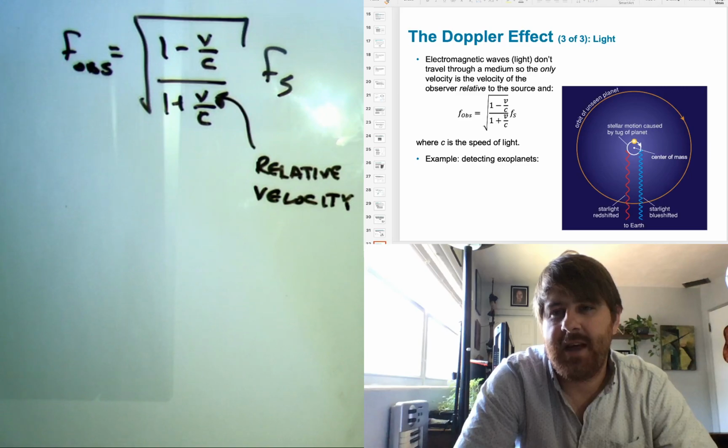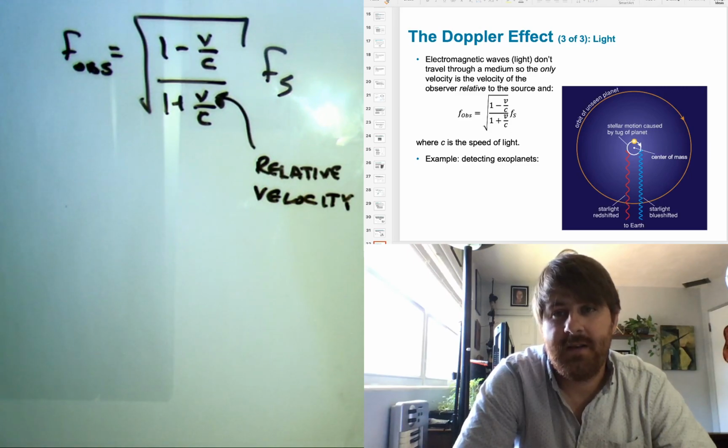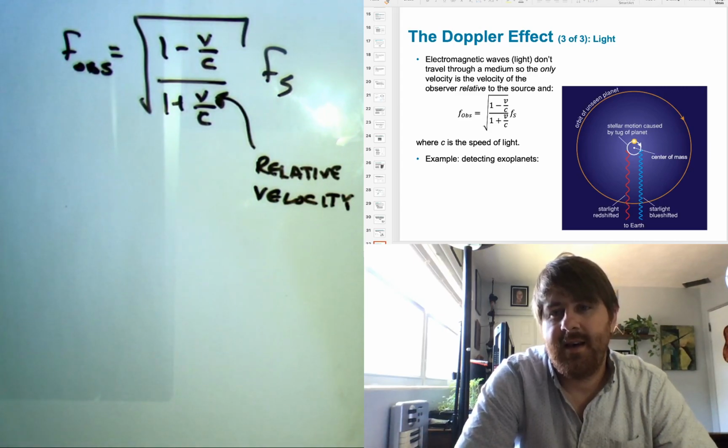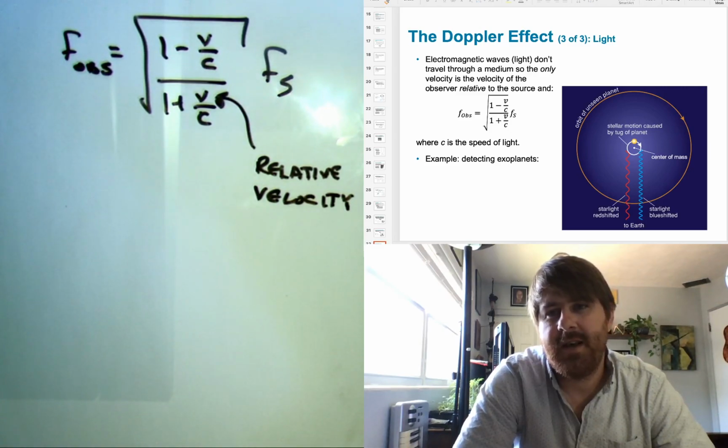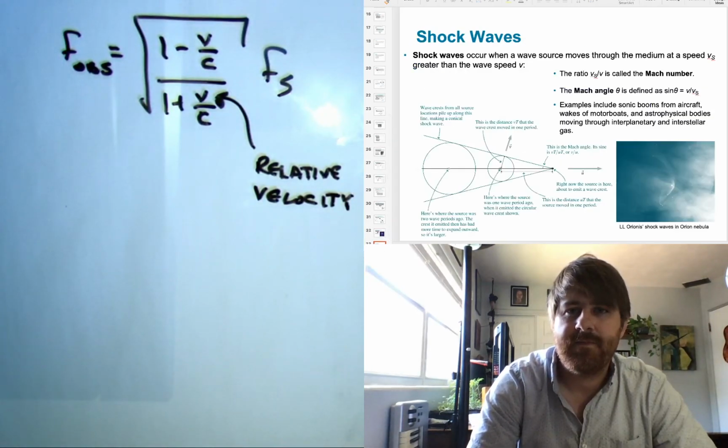We'll see the starlight red shifted, that means shifted to lower frequencies, when the star is moving away. And then blue shifted, shifted to higher frequencies, when the star is moving towards us. Timing those changes between red shift and blue shift can tell us about the companion orbiting a star.